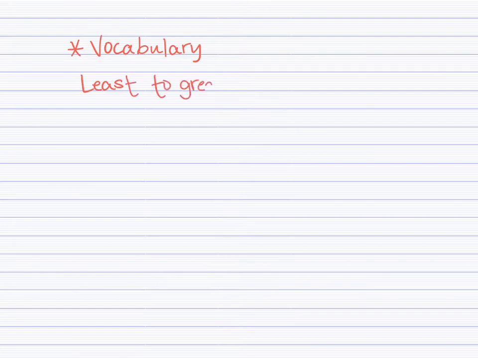And then finally, the last thing that we're going to review is vocabulary, because we are going to have some word problems that we're going to be working with. So if I need to put numbers in order from least to greatest, the vocabulary that you might see are words like ascending.